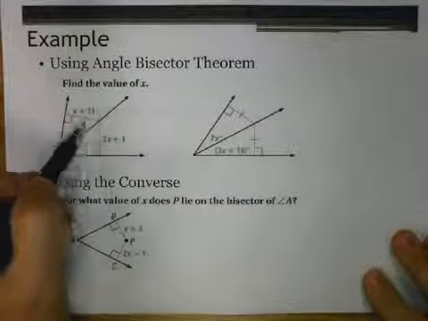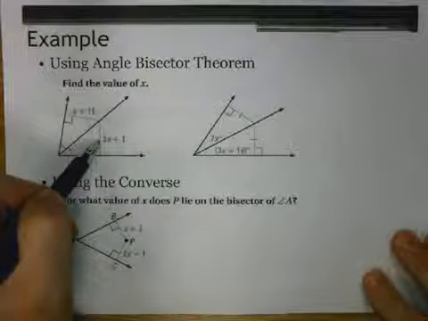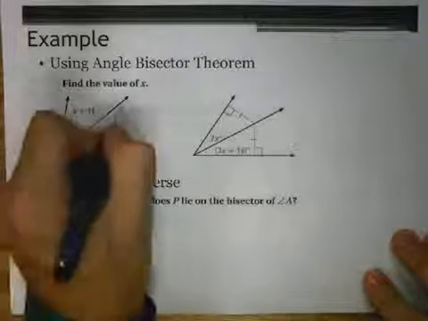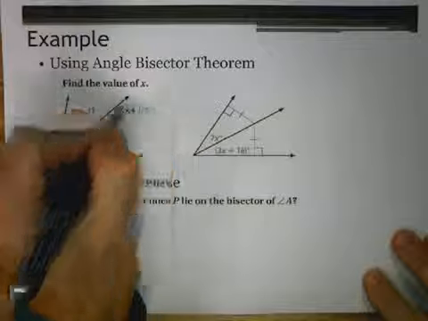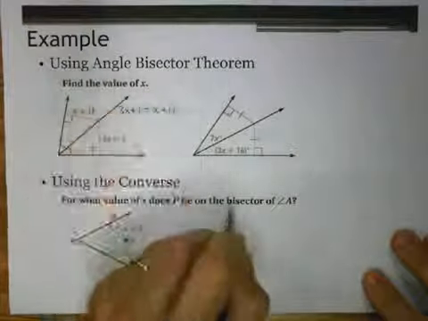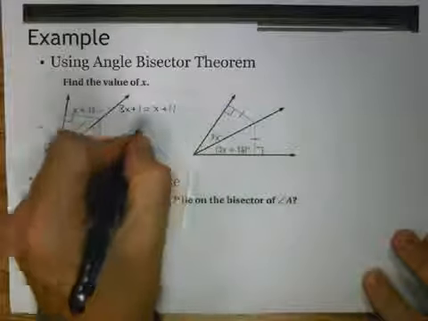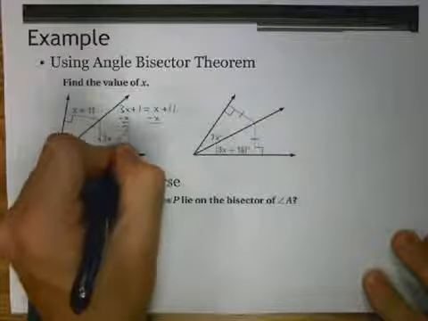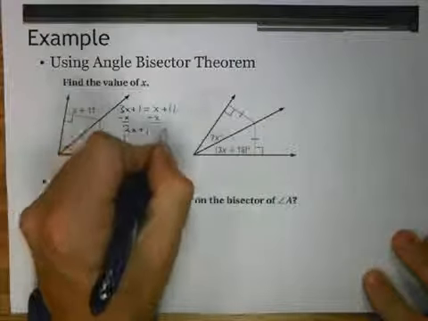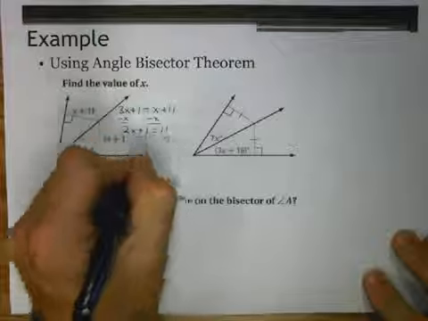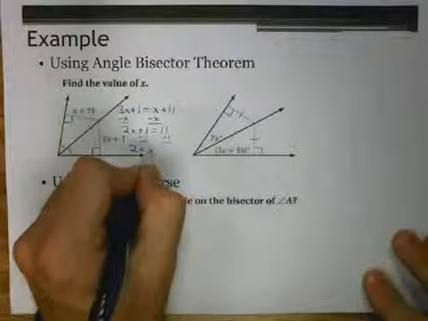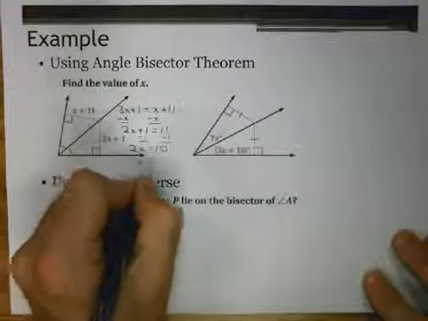Starting with the angle bisector. We have congruent angles. We have the distances. We know we're looking for it to be equidistant, so we set them equal. 3x plus 1 equals x plus 11. I'm going to subtract x from both sides. Get 2x plus 1 equals 11.